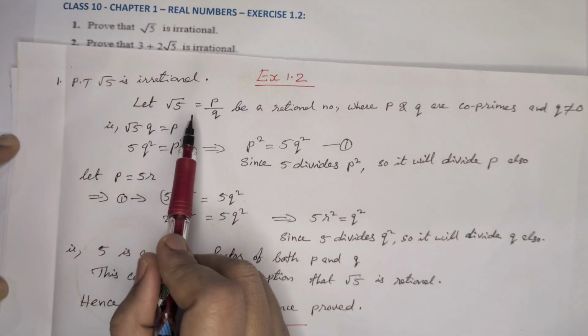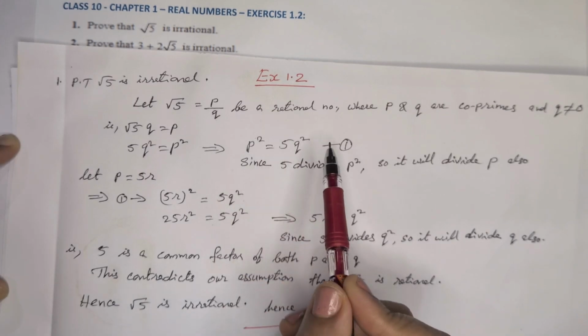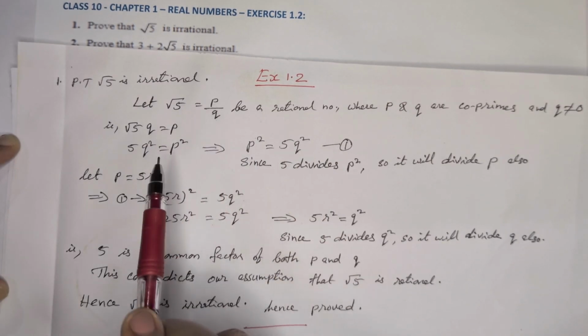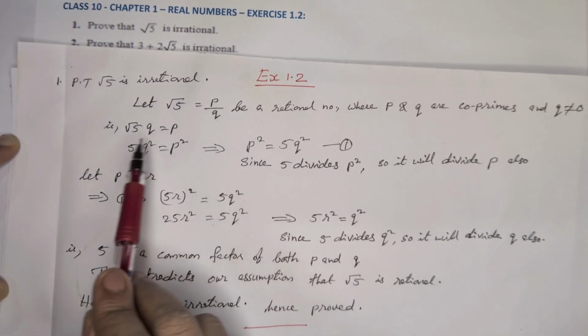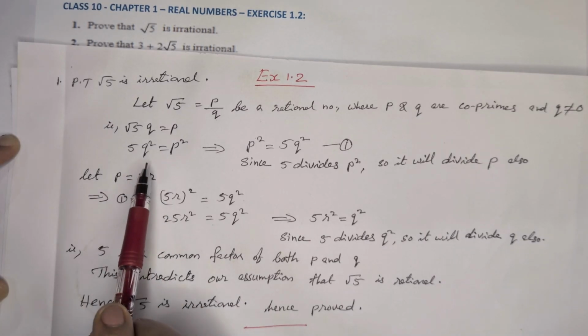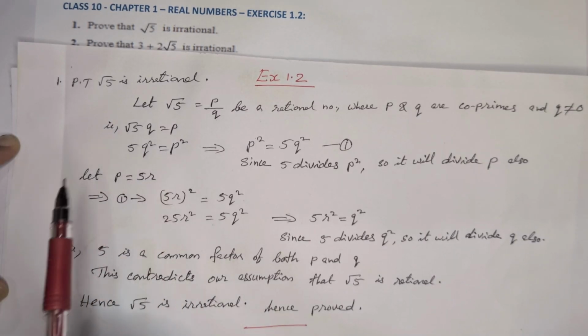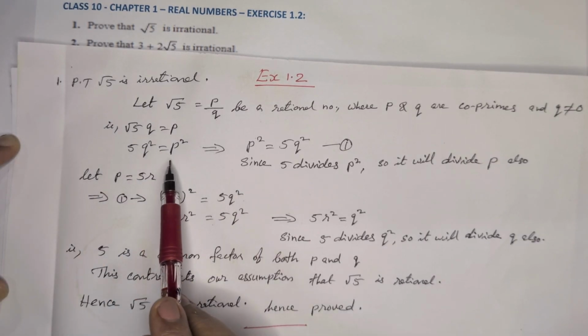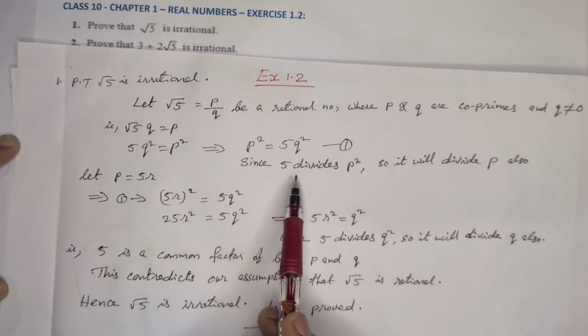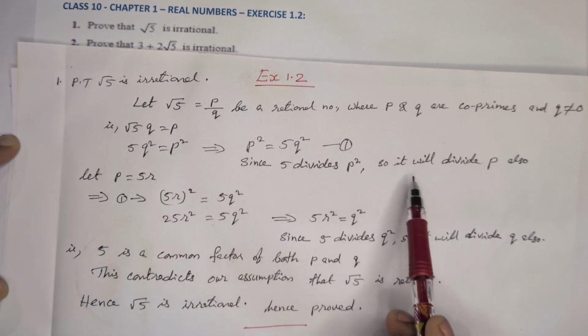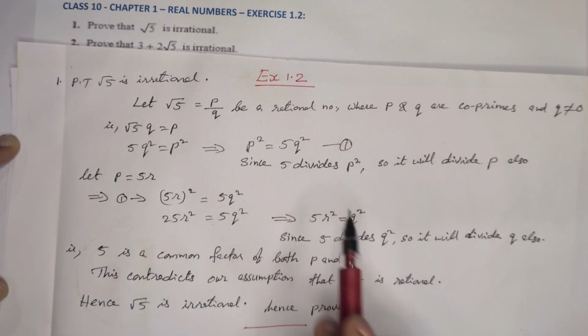So first we have to take root 5 as a rational number. So we can write root 5 is equal to P by Q, cross multiply, root 5 Q is equal to P, square it, 5Q square is equal to P square, which means since 5 divides P square, it will divide P also.